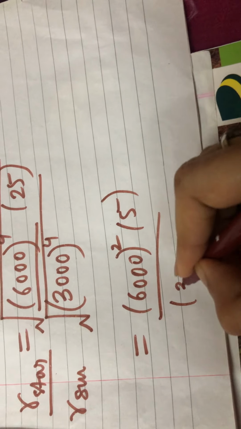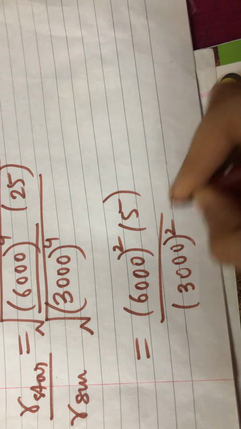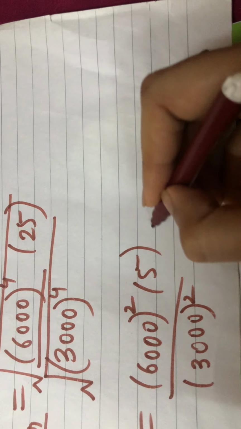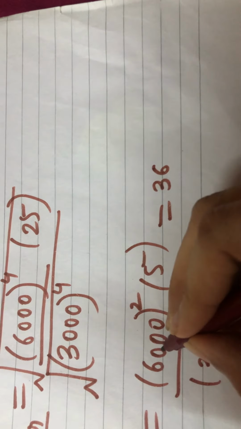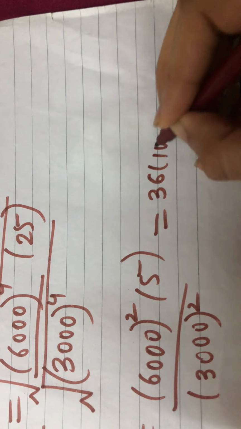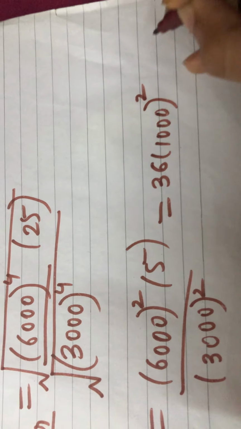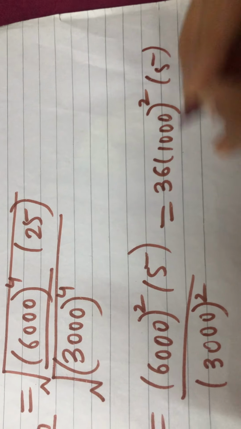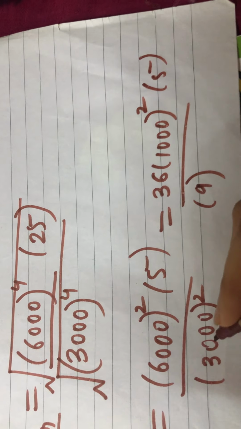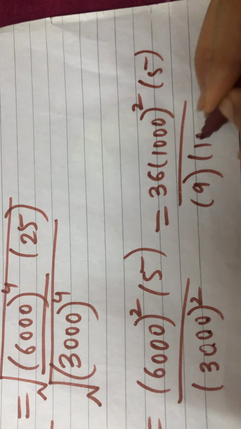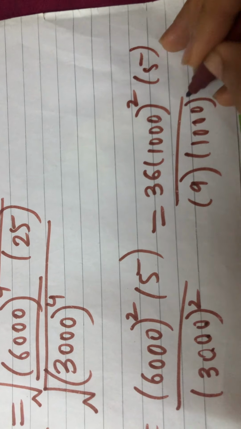For 3000 it will be 3000 square. Till now you might have understood things. 6 6s are 36, right? And 3 digits raised to 2. 3 3s are 9, and 1000 raised to 2.